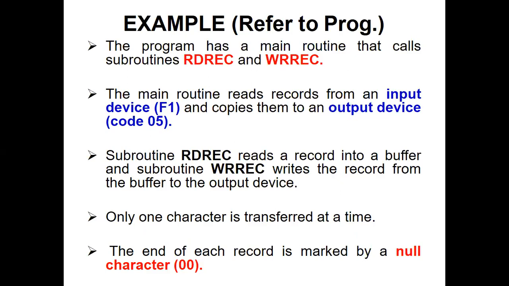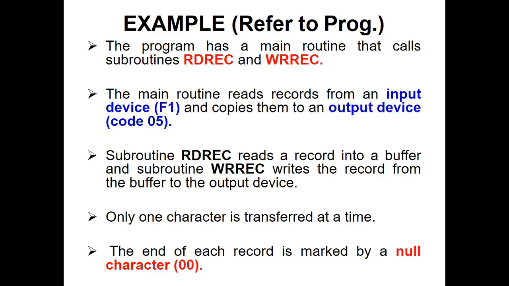One subroutine is called read record, which we abbreviate as RDREC. Another one is called write record, which we abbreviate as WRREC. Those are two functions called from the main program. The main program is running, it gets to a certain point and it calls the function read record.